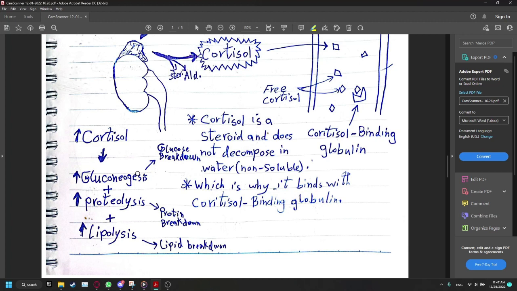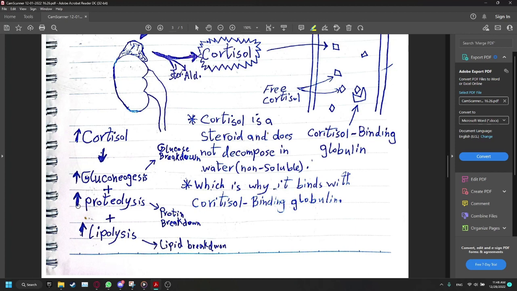Gluconeogenesis basically means glucose production, so it increases the level of glucose in the blood, which naturally turns into hyperglycemia.